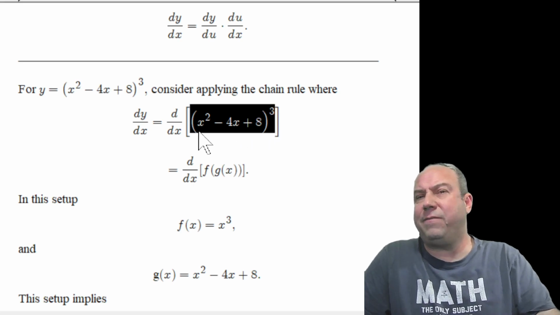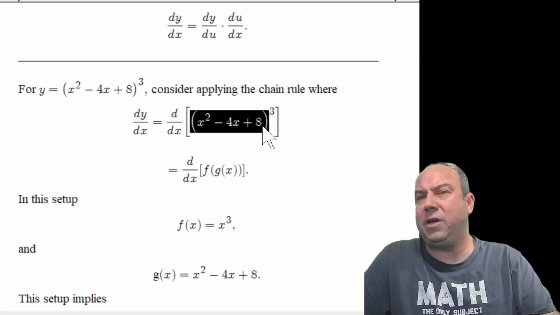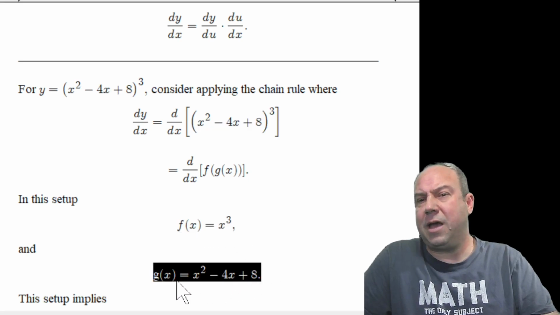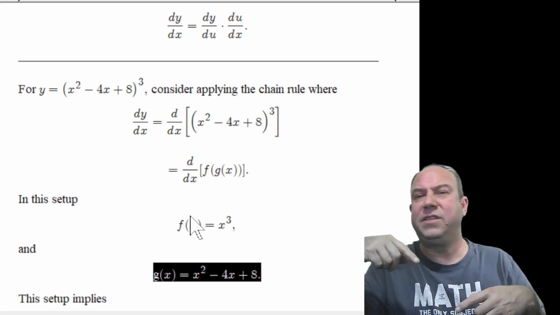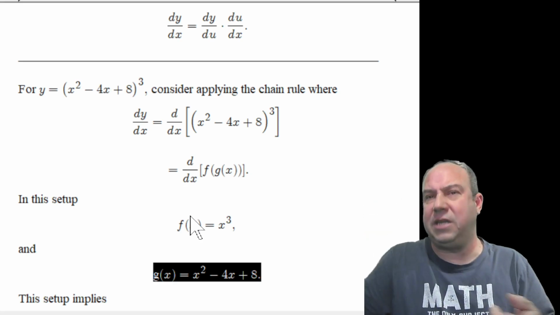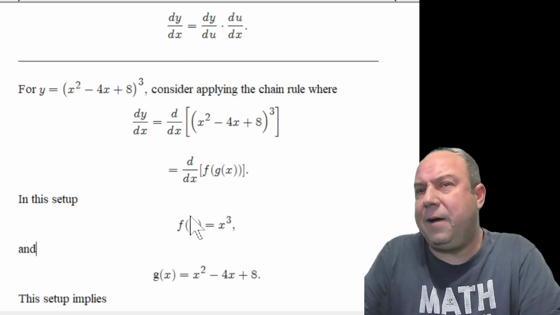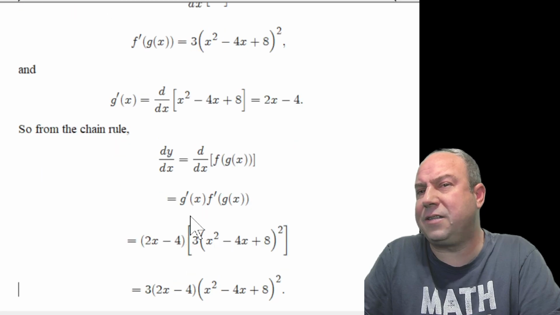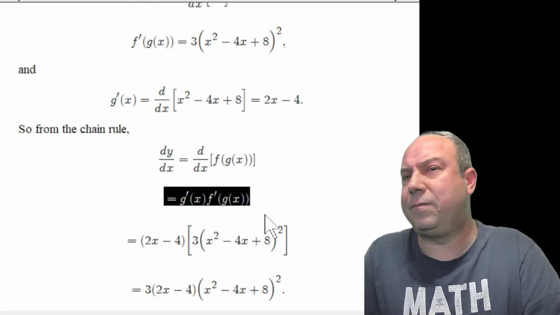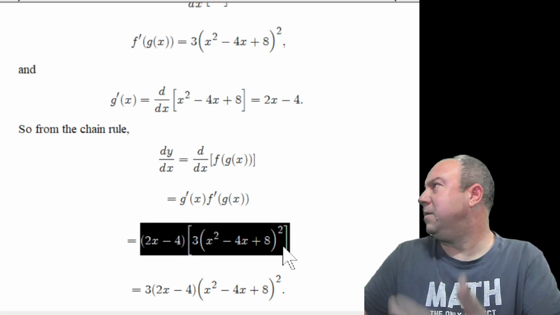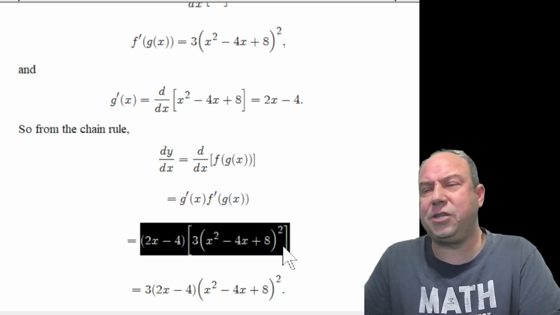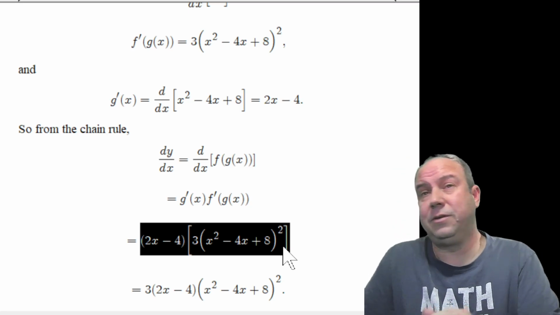If we can identify the interior function and the exterior function, f and g, we can then identify their derivatives and form the parts we need in the result, g prime times f prime evaluated at g of x, what we see in our result down here. We were able to identify those parts and perform our evaluation.